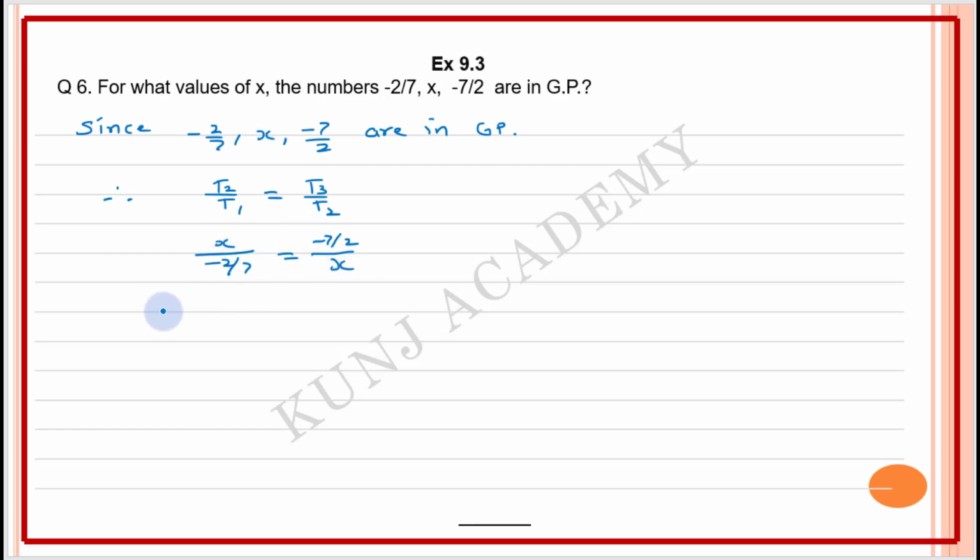By cross multiplication, x square is equal to -2/7 into -7/2. x square is equal to minus into minus plus, 2 cancels, 7 cancels, 1. Or x is equal to plus minus root 1, x is equal to plus minus 1. Answer: x is equal to plus minus 1.